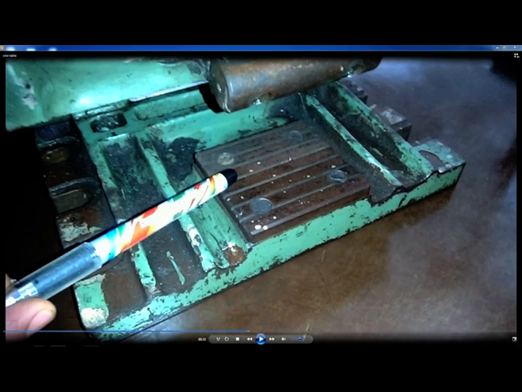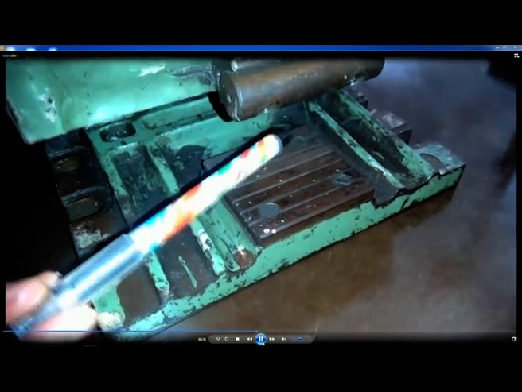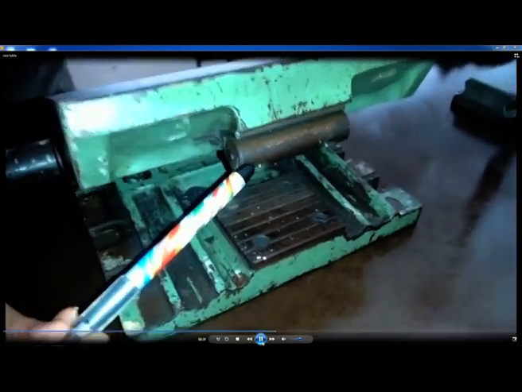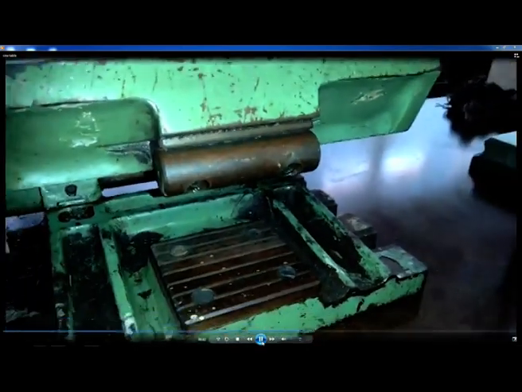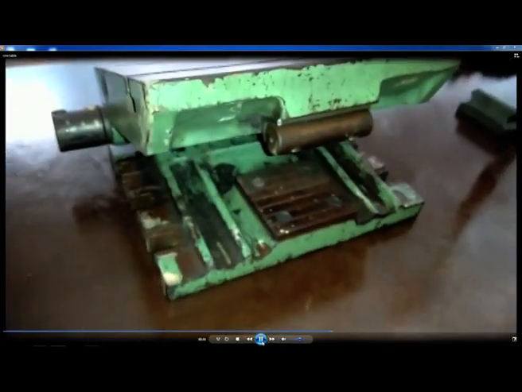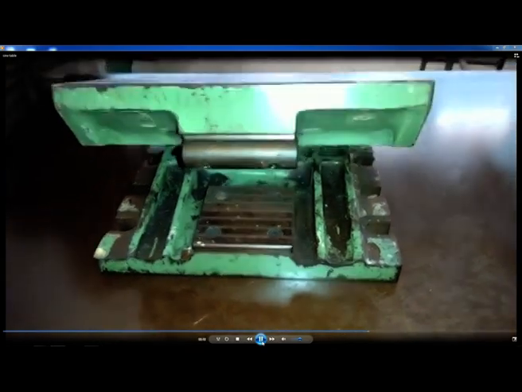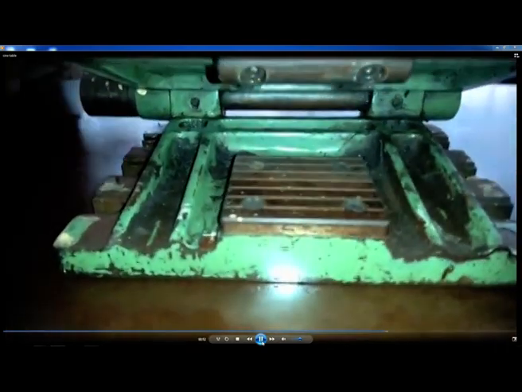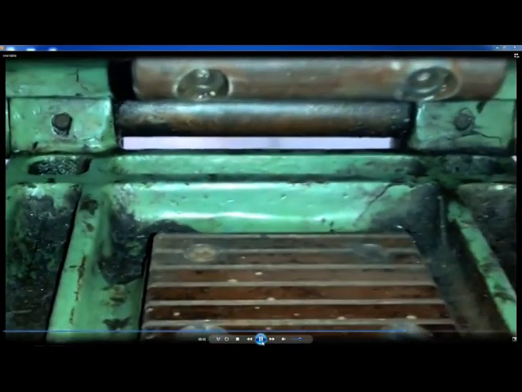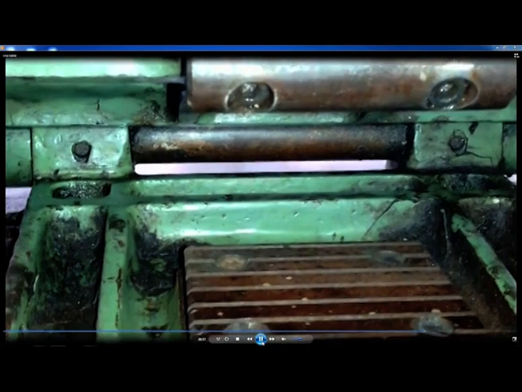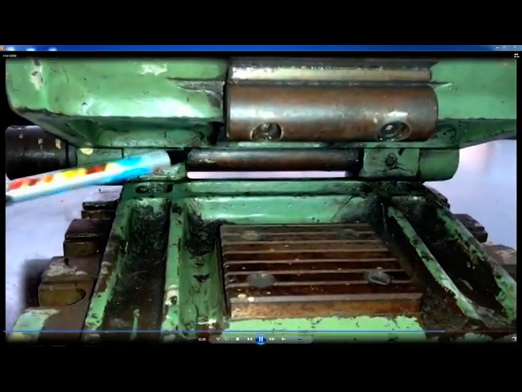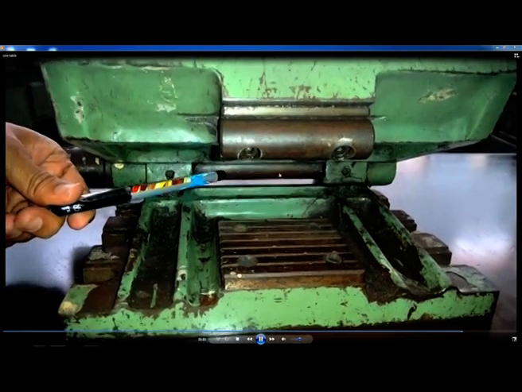So, between the roller and this surface, we should keep the slip gauges. Now, we can also see the pivot roller.